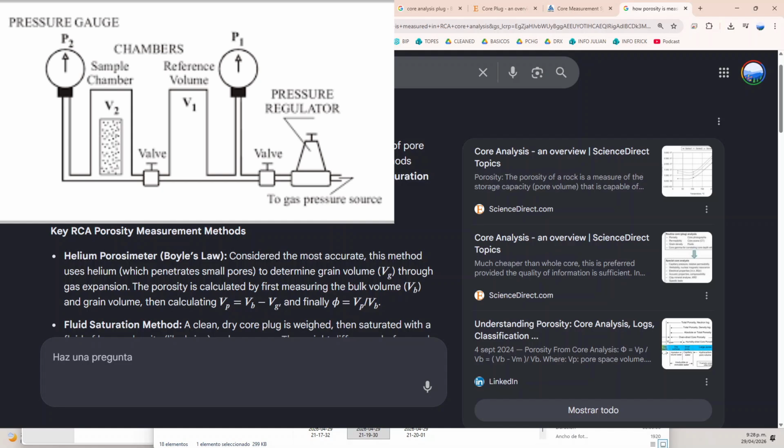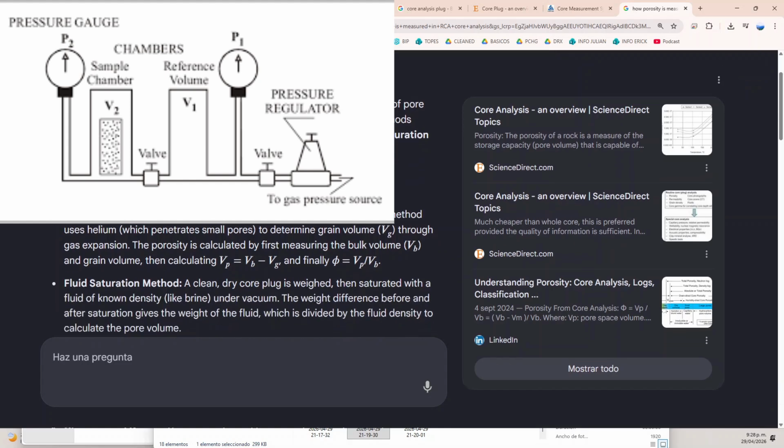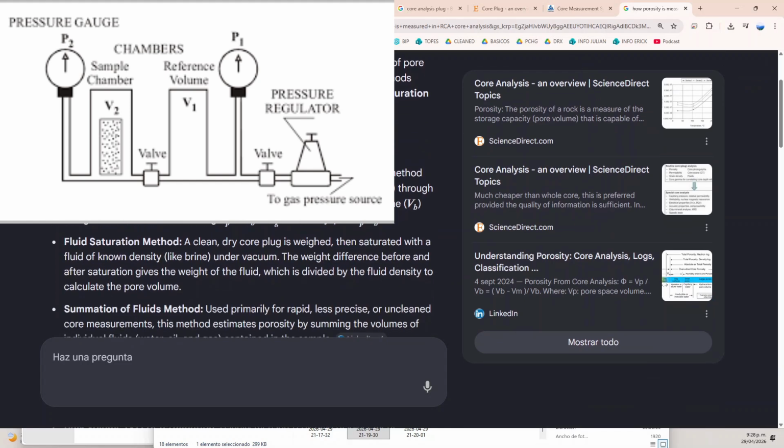I'm going to say Boyle's law, but I'm not sure of the pronunciation. The helium porosimeter, Boyle's law, is considered the most accurate. How does this method work? It uses helium, which penetrates small pores. The system injects the helium and determines the grain volume through the gas expansion.